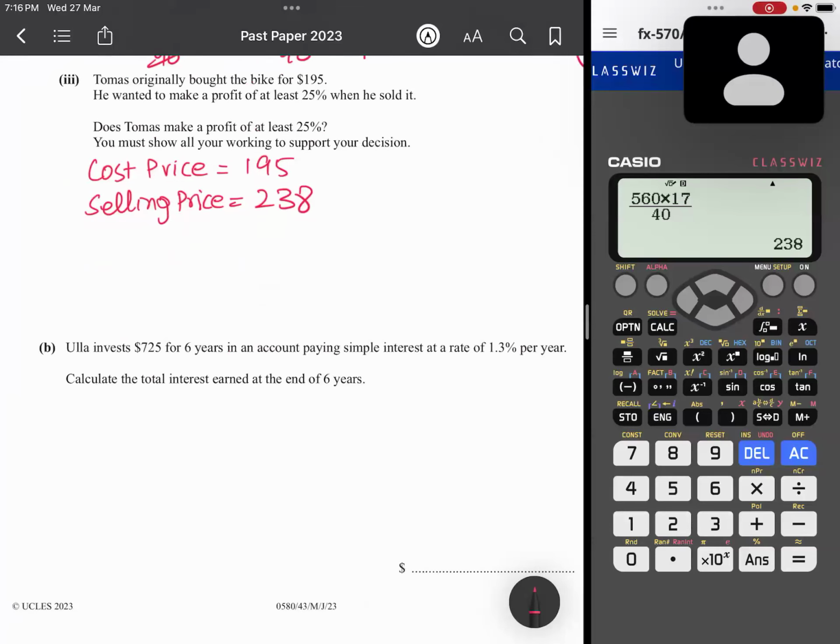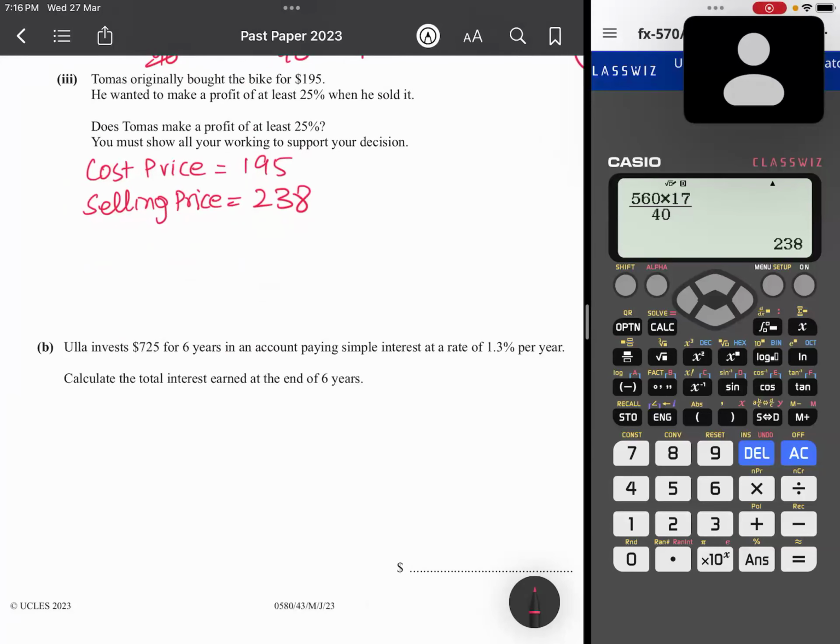He wanted to make a profit of at least 25%. So let's check whether this profit is 25% or not. So profit is equal to what? Sale price minus cost price. Sale price is 238 minus 195. 238 minus 195 is 38 plus 5, which is $43.